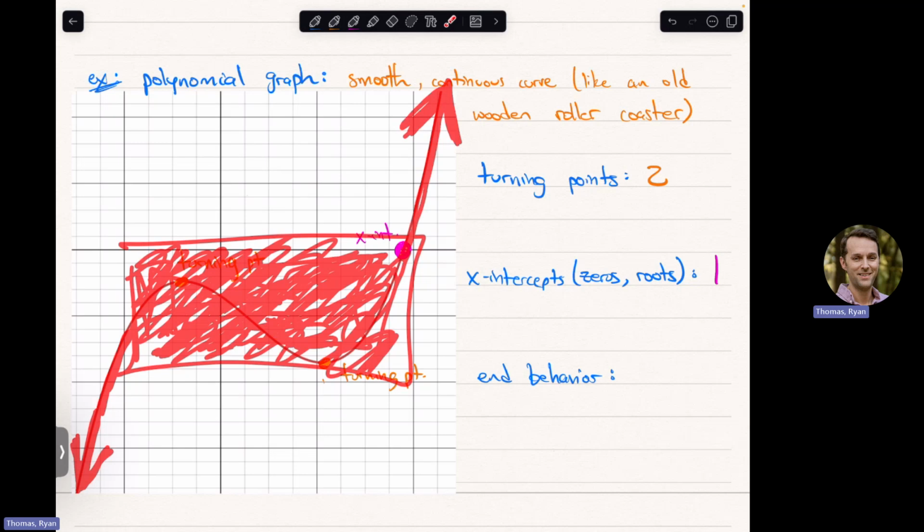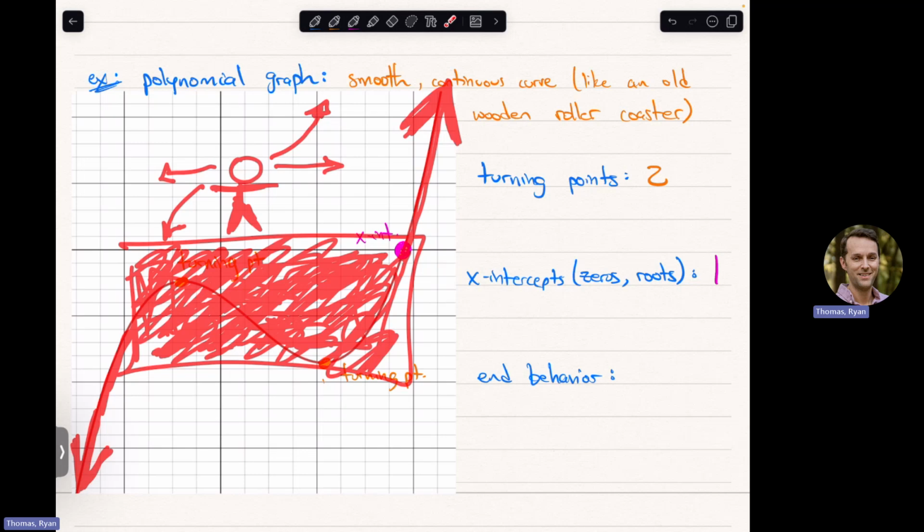To describe that, we can say that a couple of ways. It gets a little clunky. You can picture yourself standing in the middle, and some books or sources will say, if I look to the left, then the graph is falling away from me, and if I look to the right, then the graph is rising away from me. So it falls to the left and it rises to the right or something like that.